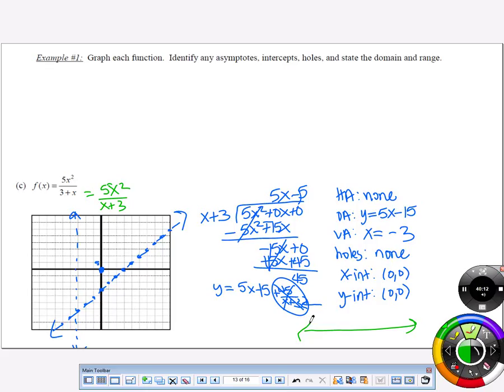Just like a horizontal asymptote, it's only there to help you know what's happening at the ends of the graph. All right, so in this graph, I only care what's happening on each side of -3 and at 0. I understand the oblique asymptote crosses the x-axis, but do I care about that? No, because the oblique asymptote, like Anna just pointed out, is only there for end behaviors. It doesn't split anything up.